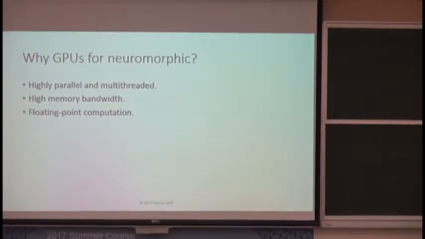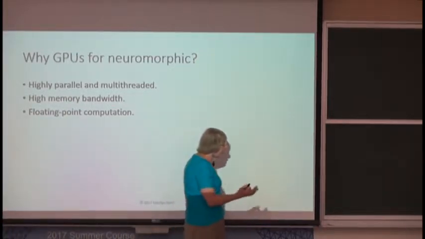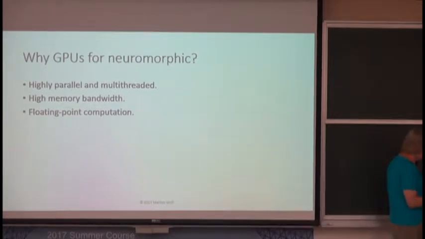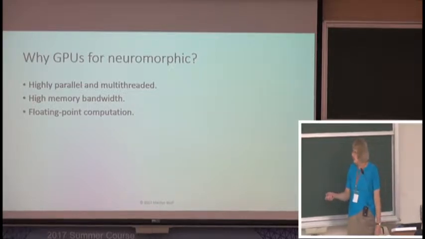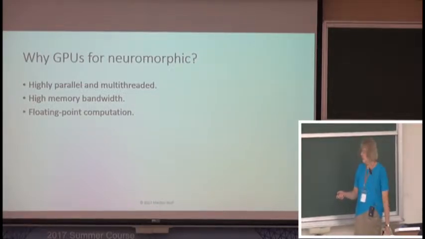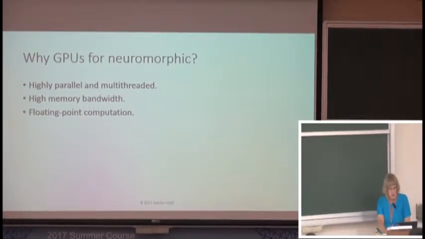And the fact that it does floating point computation also allowed people to move fairly seamlessly from a CPU-centric computing system to using GPUs. Now, as we're starting to see, when you do floating point, when you do other different kinds of representations, is an important design choice. But the GPU allows you some flexibility in that that isn't too onerous. It doesn't require you, for example, to design your own floating point device.